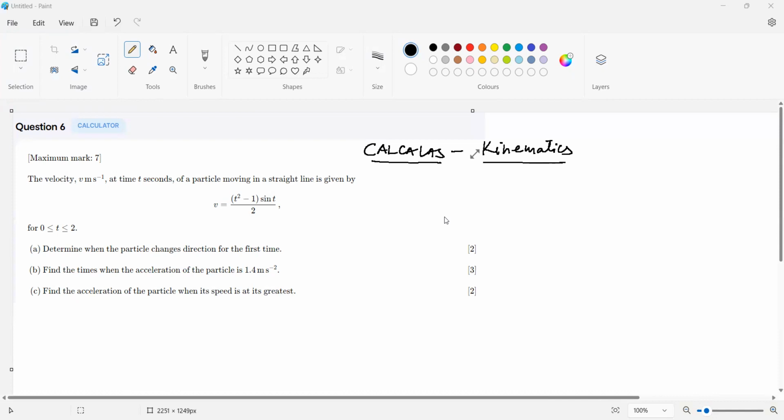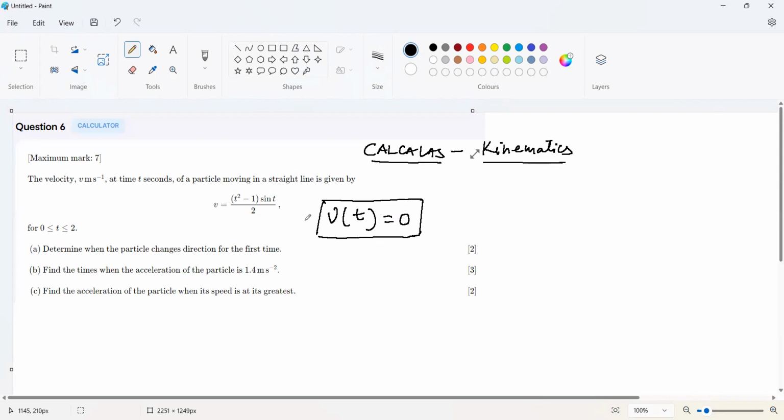We are looking for when the particle changes direction for the first time. So what is the condition to find when it is changing direction for the first time? Your velocity should be 0. When you solve this for 0, you're going to get the time the particle changes its direction for the first time.